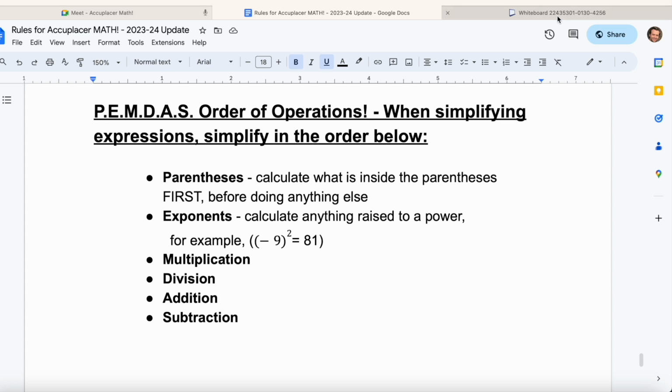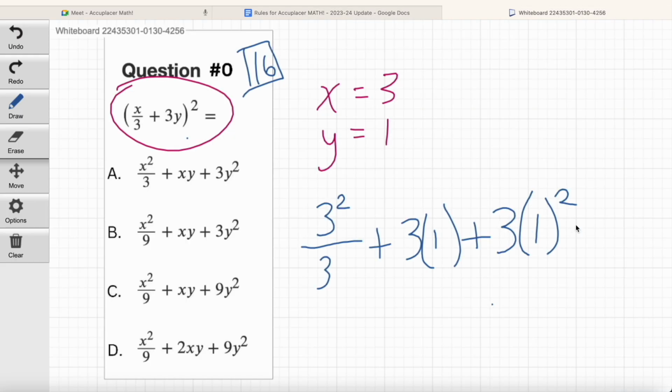Okay? So if we go back to the expression here, there's nothing really to calculate inside the parentheses. I mean, 1 is 1. So next I would go to the exponents. We've got 3 raised to the power of 2, and then we've got 1 raised to the power of 2 here as well. So I'd probably simplify those. Does that make sense? Yes. Okay, so what does that give us? A 9.